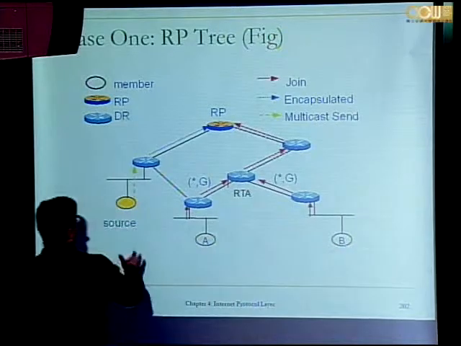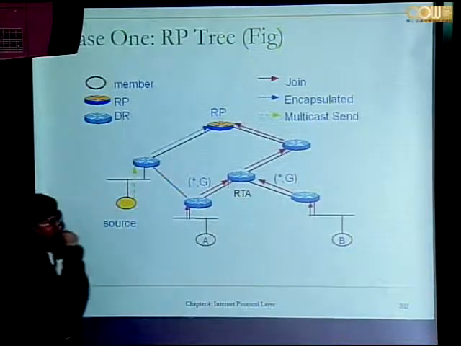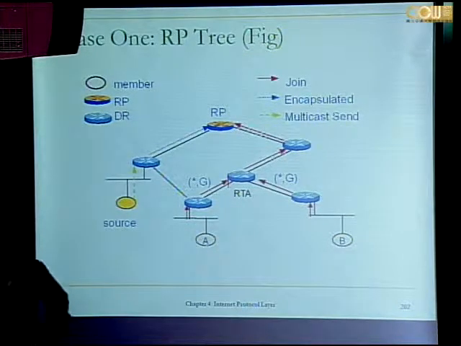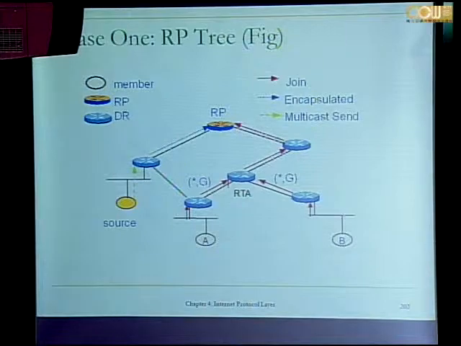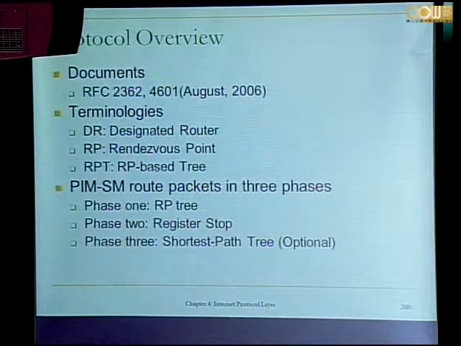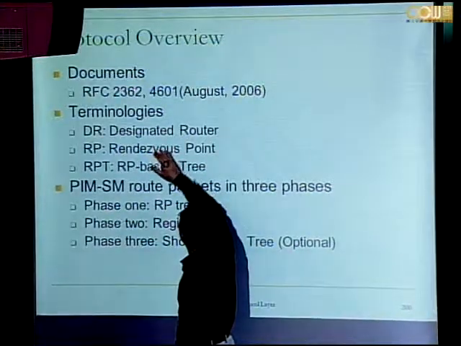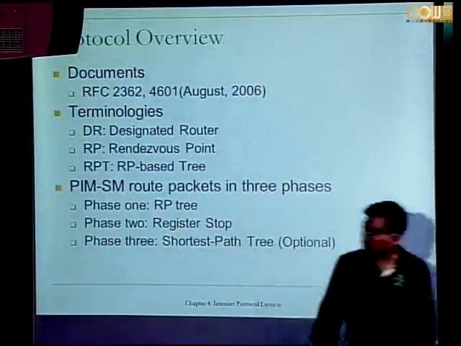So again, we have three hosts in this multicast group, and there'll be one router who serves as the rendezvous point. Rendezvous point. I think this is French. Rendezvous point, RP. And DR, designated router. So these two terms.